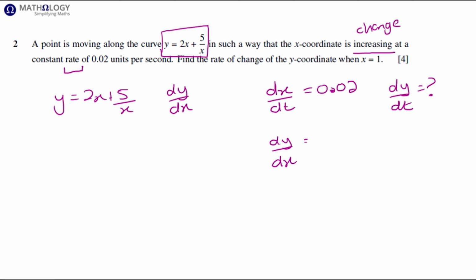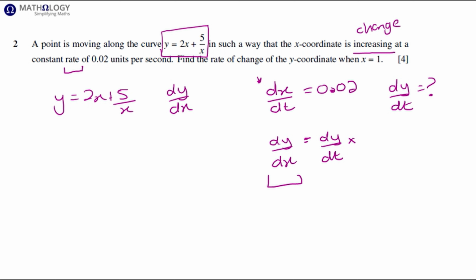The fact that we're looking for dy/dt and we are given an expression for dy/dx, we have to relate the two via this differential dx/dt. So if we look at the left hand side, we have dy/dx, dy in the numerator, dx in the denominator. On the right hand side, we have dy in the numerator and we have dt in the denominator.